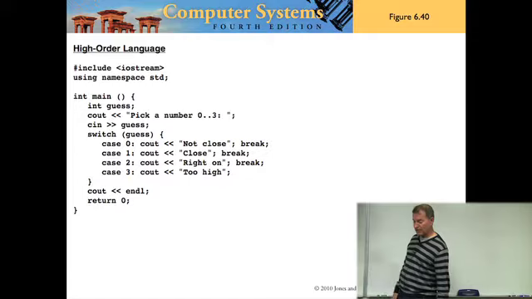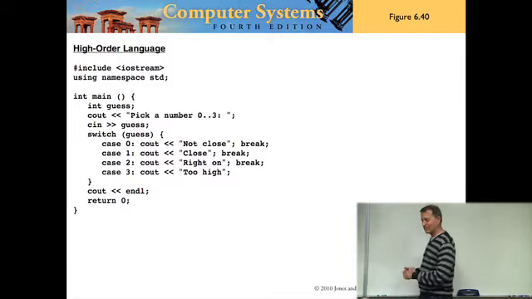Then we do switch guess: case 0, cout not close, break; case 1, cout close, break; case 2, cout right on, break; and case 3, cout too high, and then cout inline.